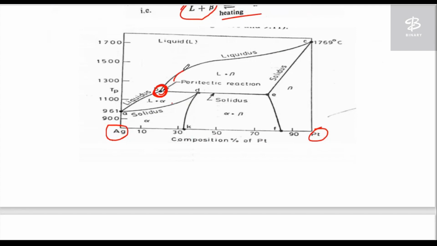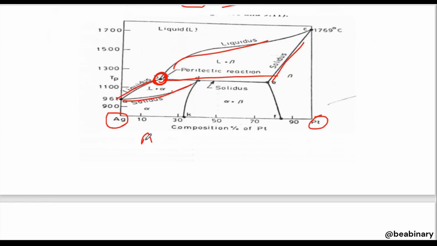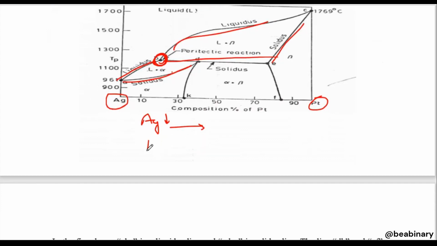This is your liquidus line. This is solidus line. This is also the solidus line. And as you can see in this diagram, Ag is decreasing as we move forward in this way, and Pt is increasing.